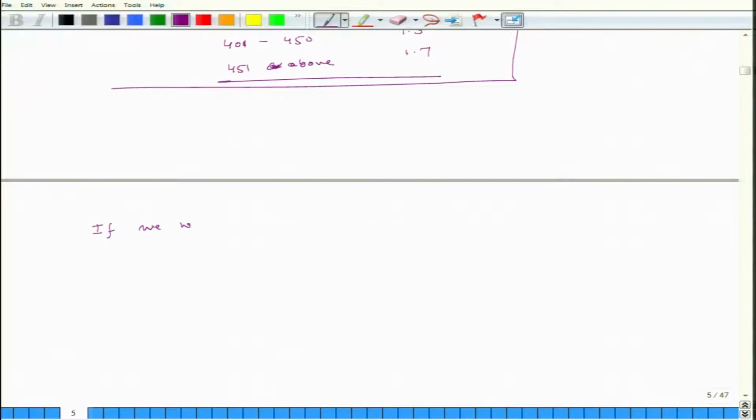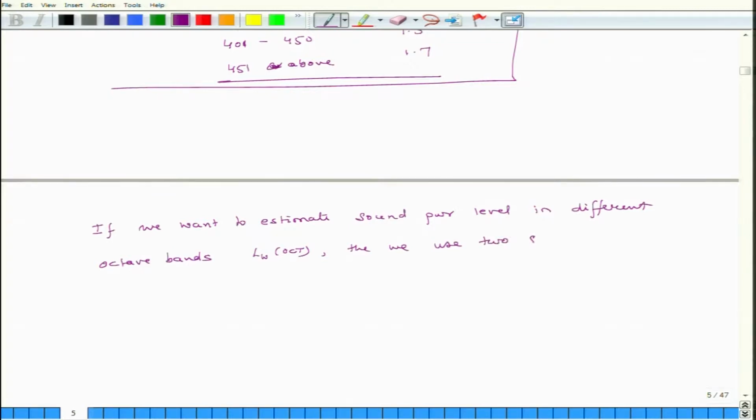So, if we want to estimate sound power level in different octave bands, and we will call it LW oct, then what do we do? Then we use the step given below.